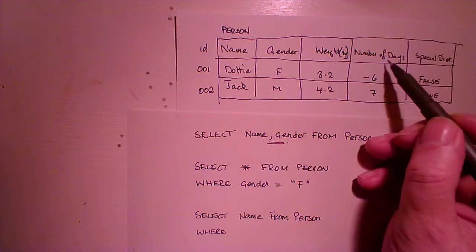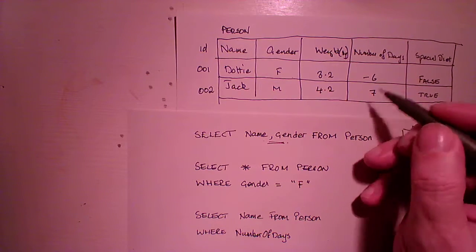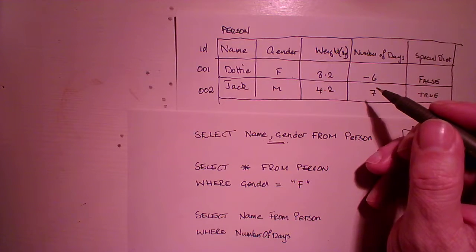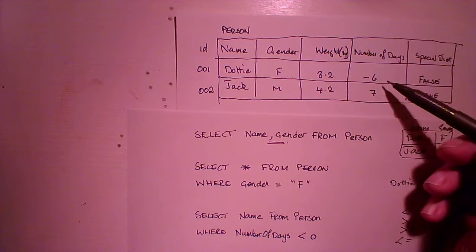Now I've got to use the field name, which is number of days, and to get the negative ones I have to think mathematically, because I'm going to use a relational operator which will look like this. And the one that I need is less than 0. That returns all the minus numbers.